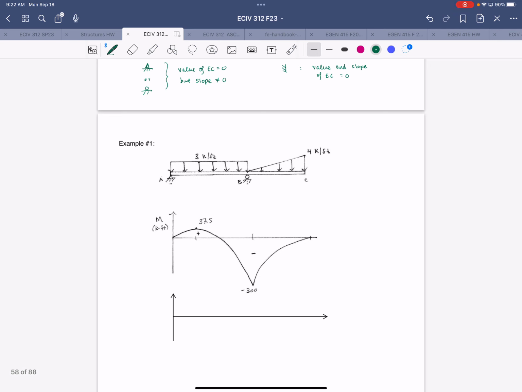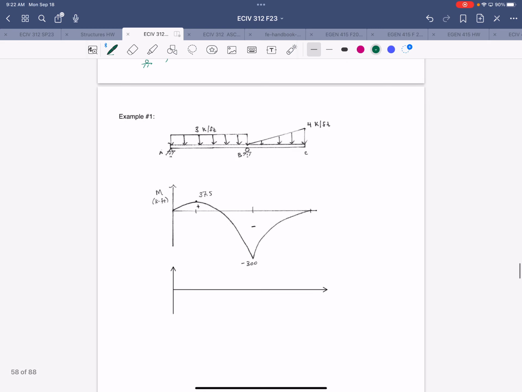So the important thing for the elastic curve is to identify where along the length of the beam moment is positive, where it's 0, where it's negative, and then also where the supports are. Looking at the moment diagram, we have this region where moment is positive.